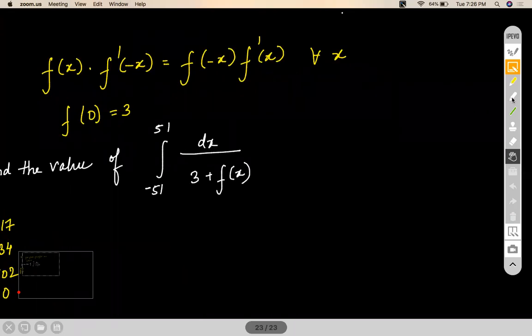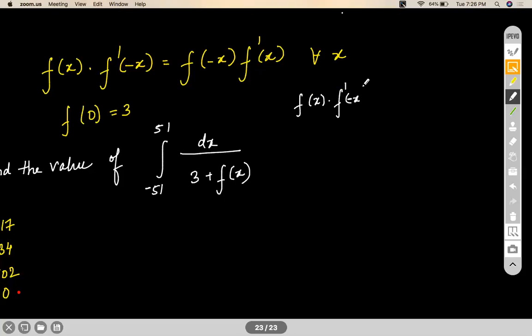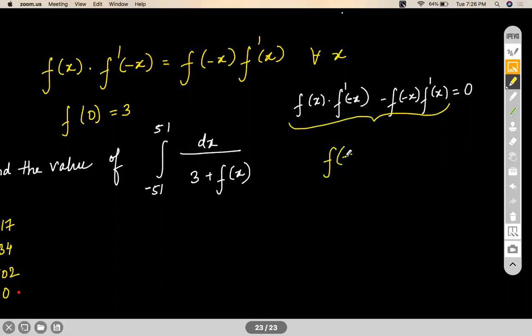Okay, see, I don't know how many of you can see it seems like an even function. Look at this very carefully. At least this part, if you look at it very carefully, you would realize you are actually differentiating f of x into f of minus x.